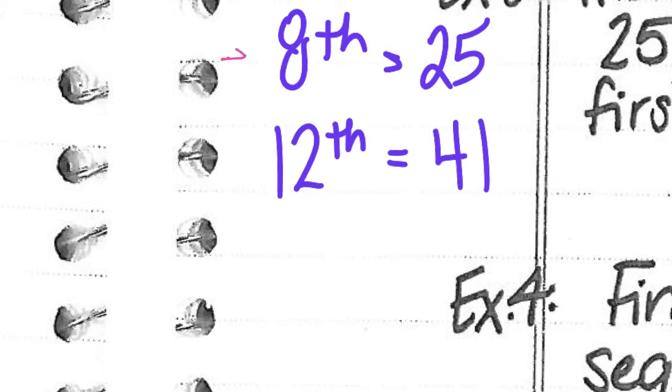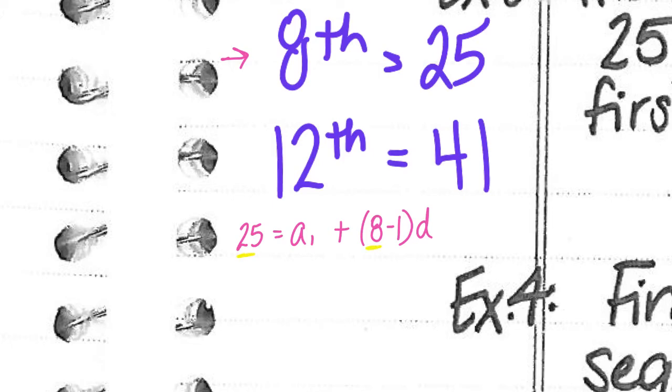So if I'm looking at the 8th term, remember a sub n is equal to a sub 1. We don't know the first term, right? But we do know that this is the 8th term. So I do know that. I also know that my a sub n is not a sub n, it was 25. Because the 8th term is 25, I could put that right in there.